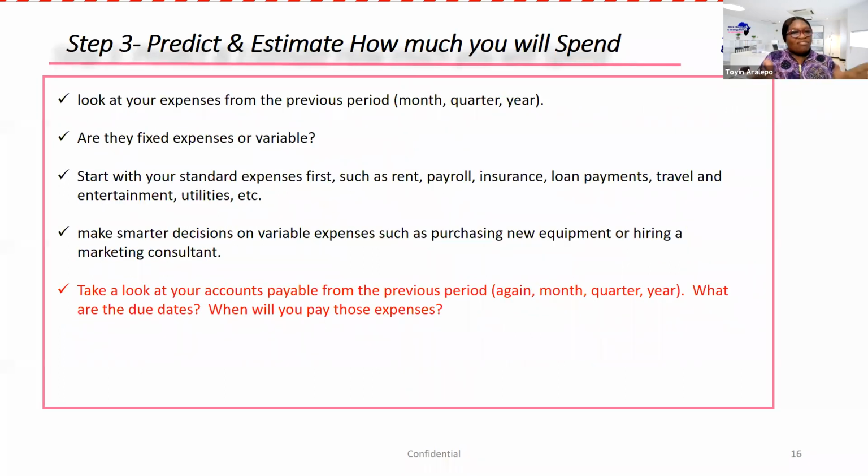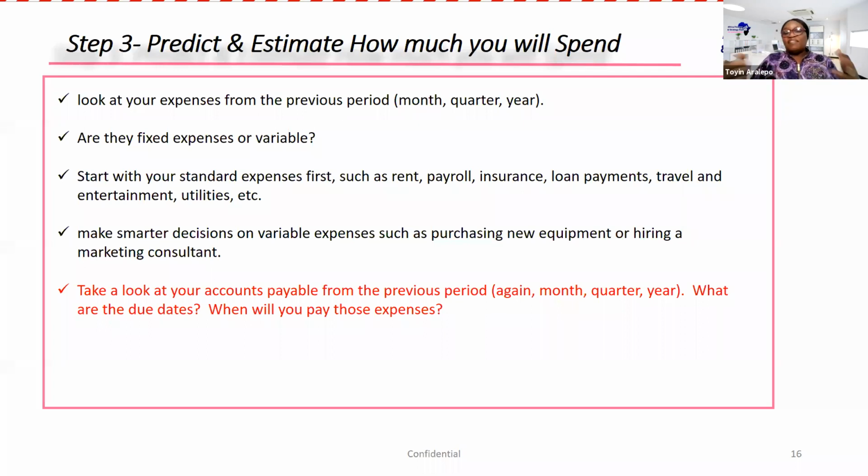Then the other thing, okay, I've spoken about how much you need to spend. Then you need to look at, is it something that you spend every month? Is it fixed? Because if it is fixed, then you know how much you are going to spend for the whole year.